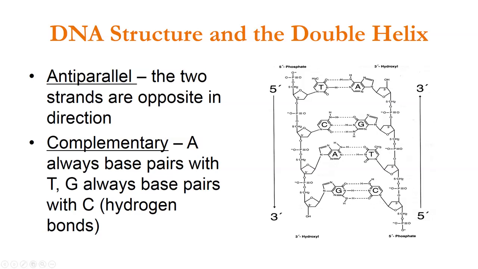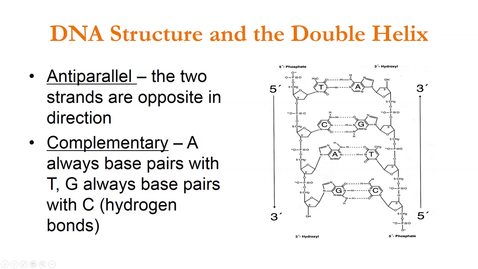Now we're looking at a double-stranded DNA molecule, which is the way DNA normally exists, at least in most organisms. There are some viruses that are exceptions, but DNA is normally double-stranded. A couple of terms are used to describe DNA structure. One is anti-parallel. I talked about these end designations, 5' and 3'.